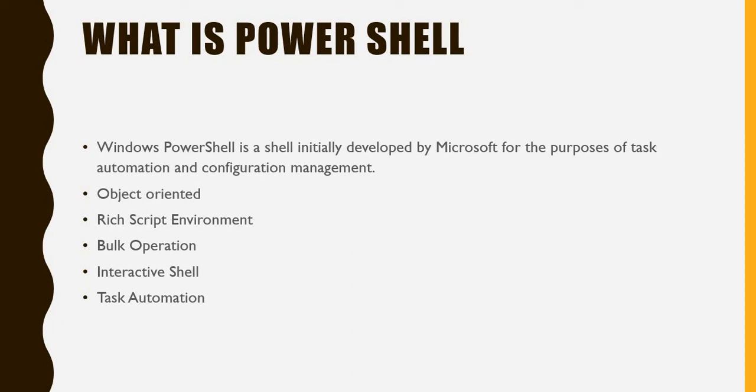All the bulk operations you can perform. Suppose, in terms of SharePoint, you want to update the user profiles of persons. One way you can go is to go to the UI of the user profile and manually update the user profile of individuals one by one, or you can use PowerShell to update the user profile properties in one go.